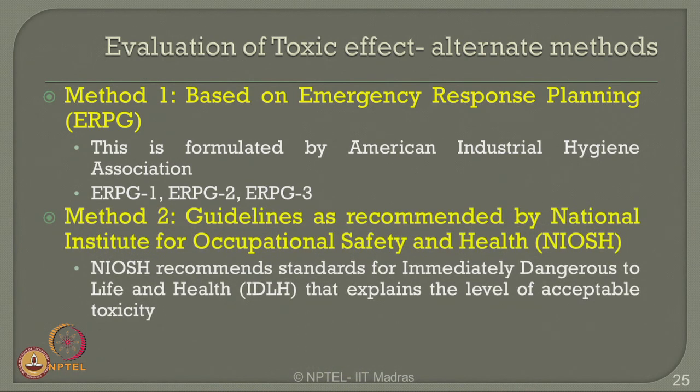The second method is the guidelines proposed by the National Institute for Occupational Safety and Health, which is NIOSH. NIOSH recommends standards for immediately dangerous to life and health, IDLH, that explain the level of acceptable toxicity. Therefore, the level of toxicity acceptable to humankind is given by IDLH values alternatively instead of ERPG guidelines, as you see in method 1.